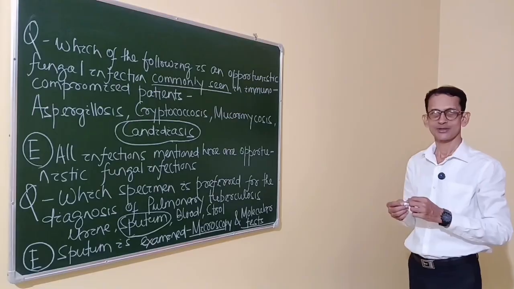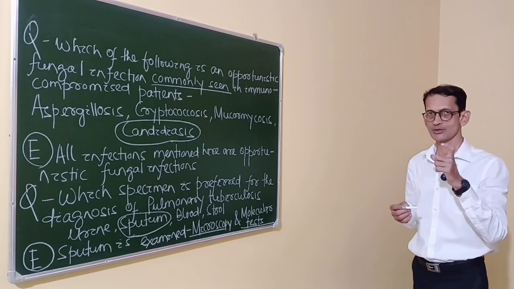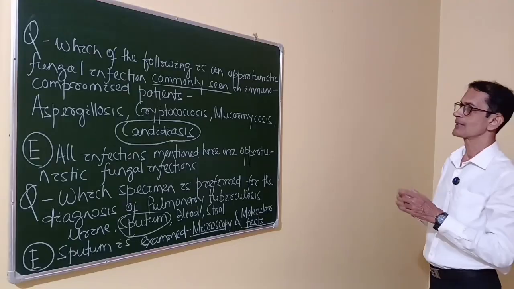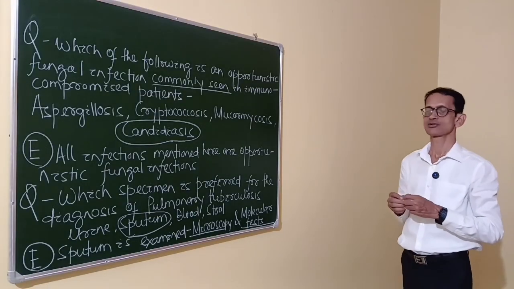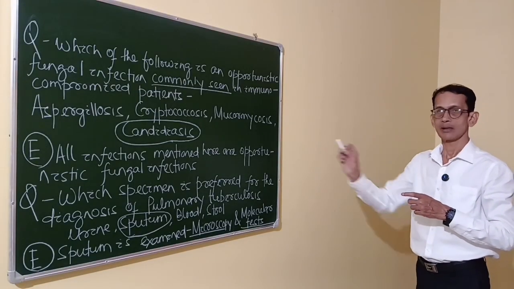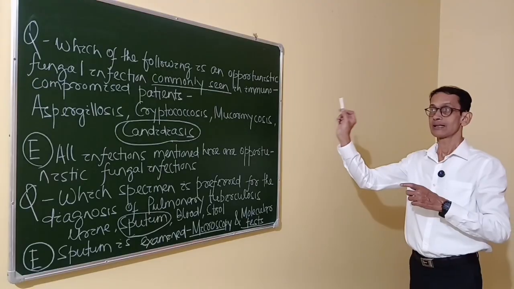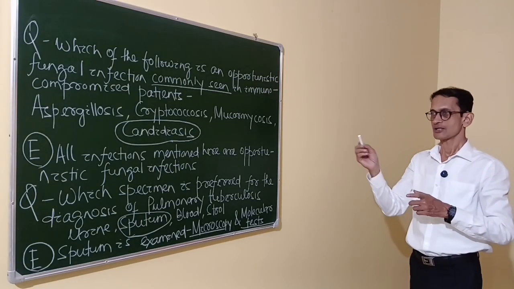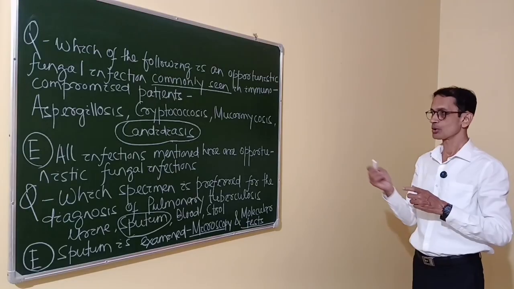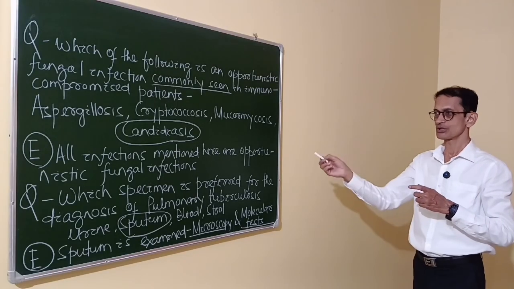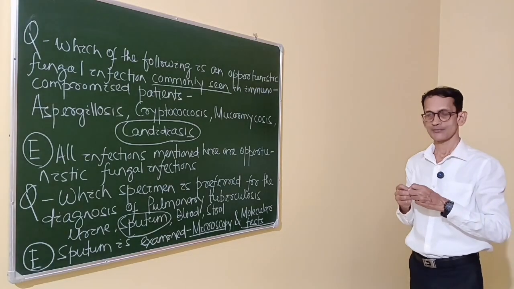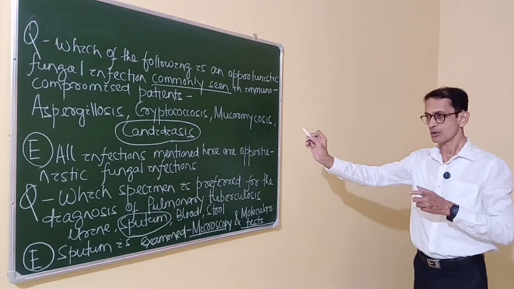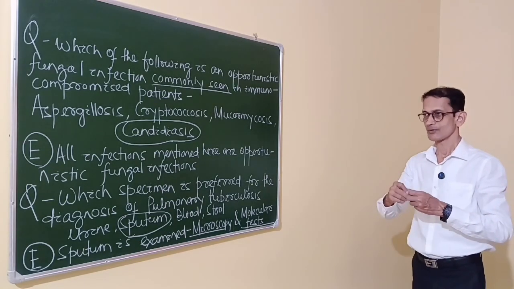Guys, the next question, you need to understand the question and answers properly. Which of the following is an opportunistic fungal infection commonly seen, underline, commonly seen in immunocompromised patients? Options: aspergillosis, cryptococcosis, mucormycosis, and candidiasis. The correct answer is candidiasis. And look at the explanation here, guys.